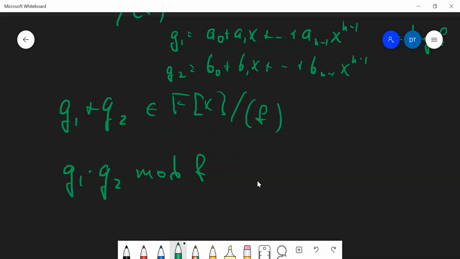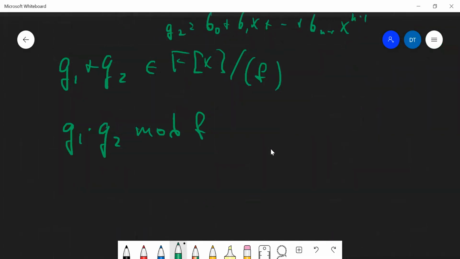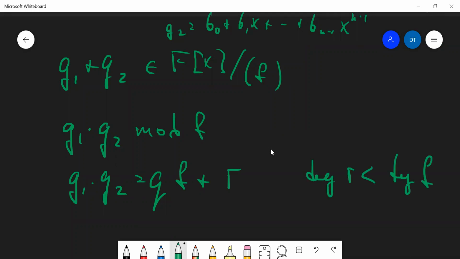So we take the remainder of this thing with respect to f. So let's say g1 times g2 equals q f plus r, where the degree of r is strictly smaller than the degree of f. Then the product is just defined to be r, the remainder of the product.